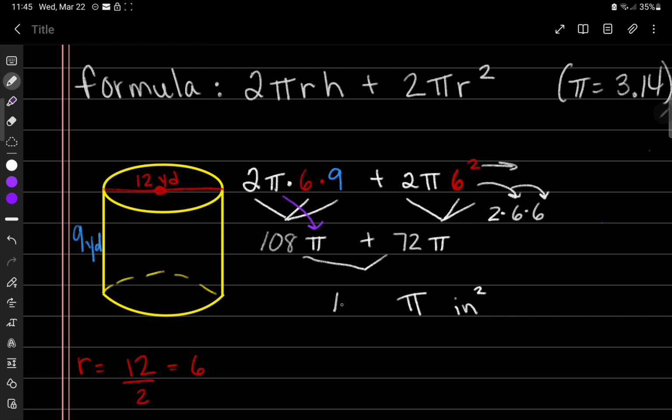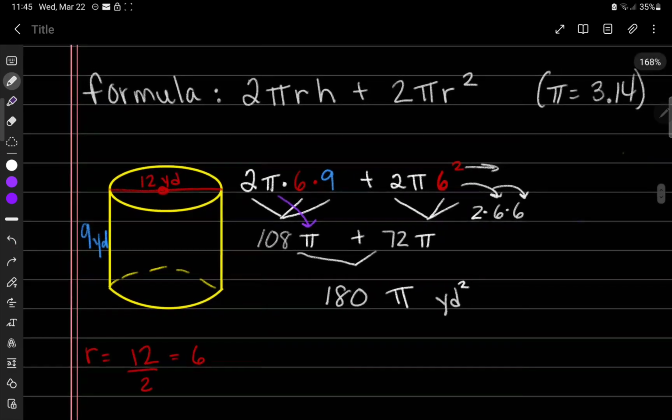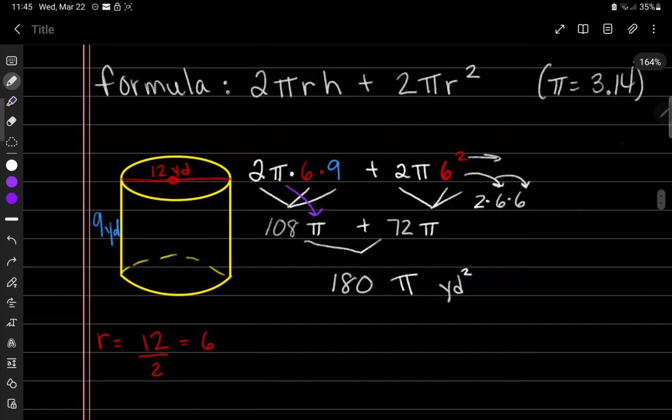It would be 180 pi, and the inches squared will be yards squared now, because we're using yards as a unit. So that's it for that. That's surface area for a cylinder.